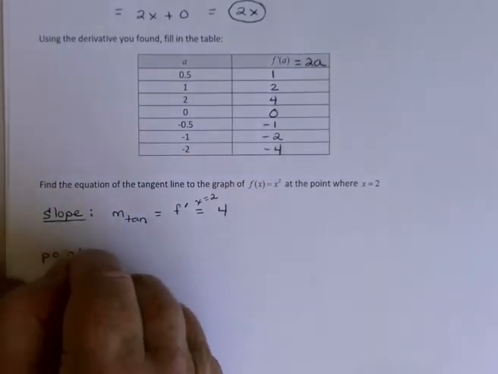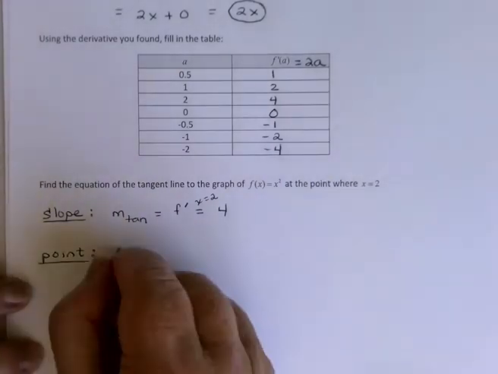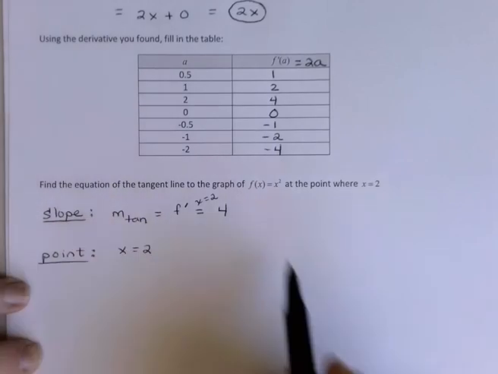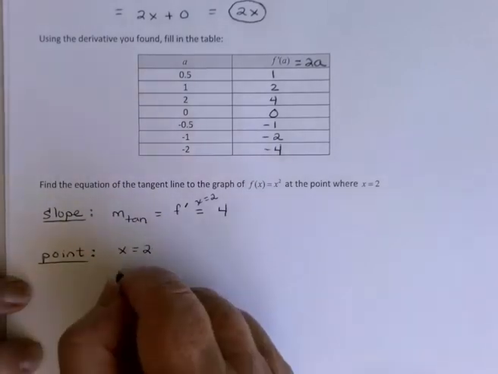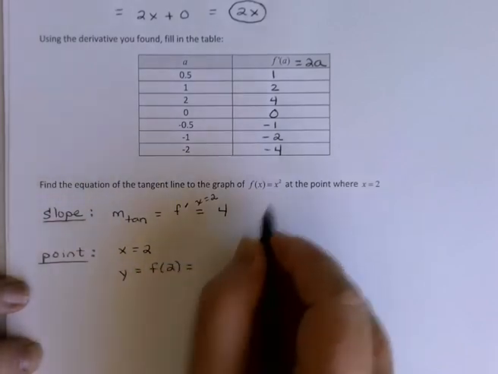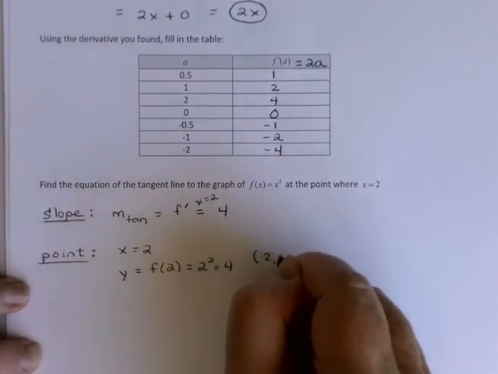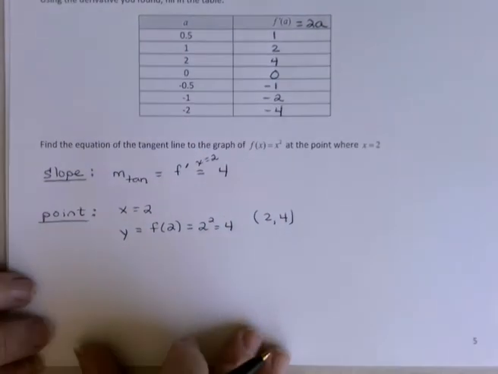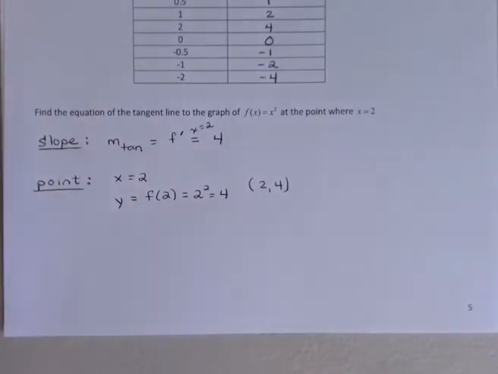Point that you're going to find the way you've always found points, right? If we know that x is 2, then we can get the y value just by plugging that back into the original function. So 2 squared would give us 4. And our point is (2, 4). And then again, at this point, you can use whatever your favorite method for finding the equation of a line is.